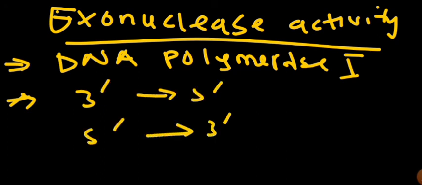It is able to move in either way. Okay, but DNA polymerase 3, it only moves in one direction. All right, but this one is able to move in other ways.